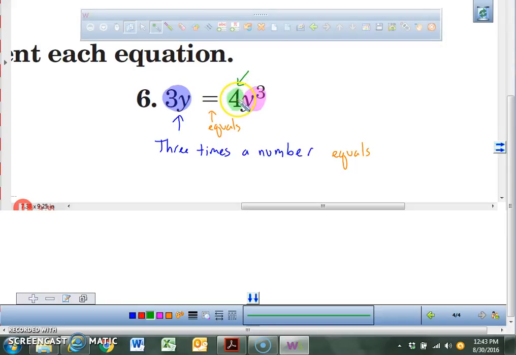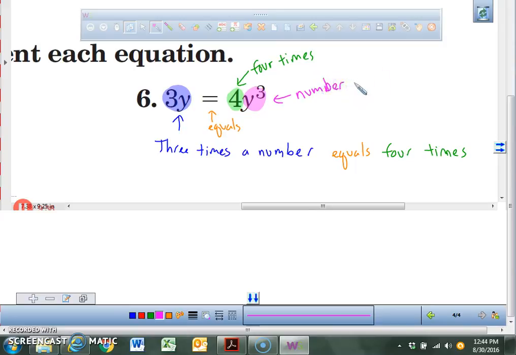All right, now that 4 is right next to a letter. Whenever a number is right next to a letter, what is that letting you know? That's being times. It's being times. So we have 4. I'm going to put 4 times. That's what that means right there. Equals 4 times. Now this number right here, this number is what? Being cubed.